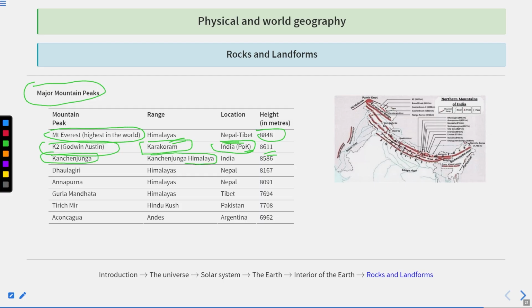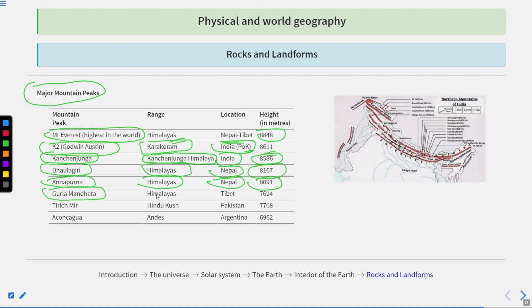Kanchenjunga, Himalaya, location is India, 8,586 meters. Dhaulagiri, Himalayas, location is Nepal, 8,167. Annapurna, Himalayas, location is Nepal, 8,091 meters.